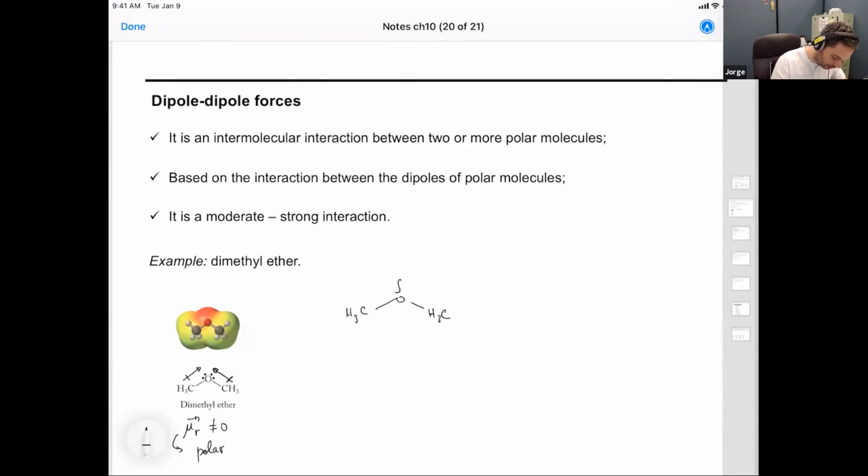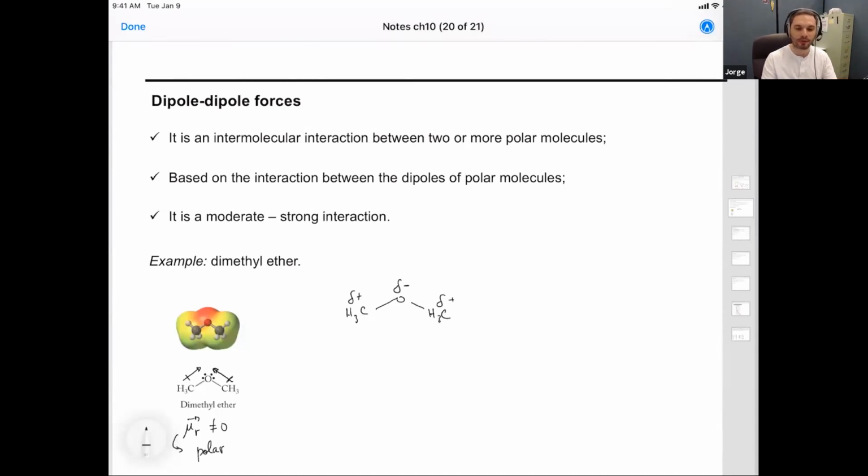If there is an accumulation of charges, we represent that as delta minus, and that creates a delta plus on the methyl groups.